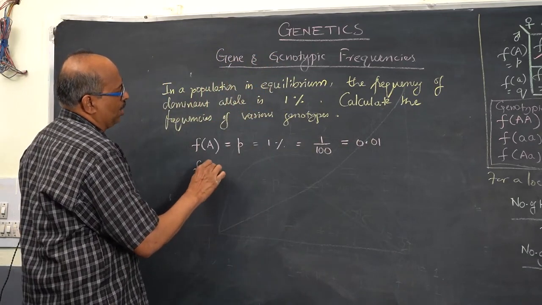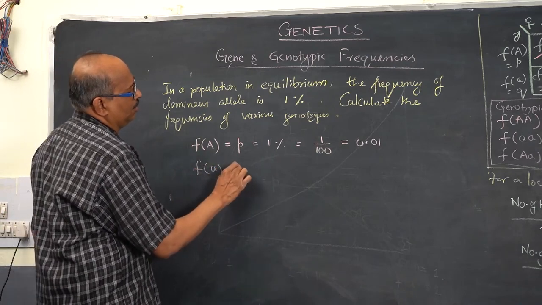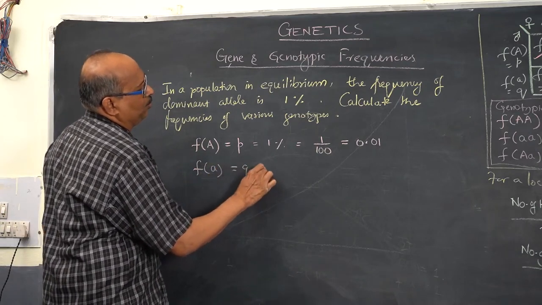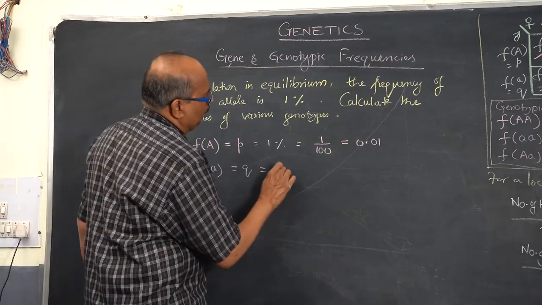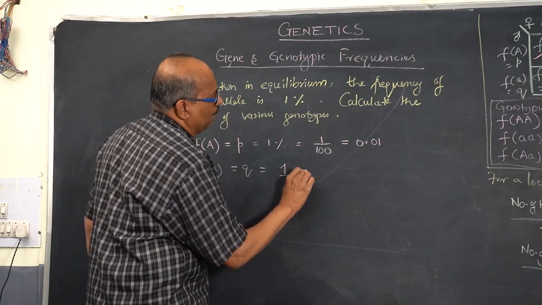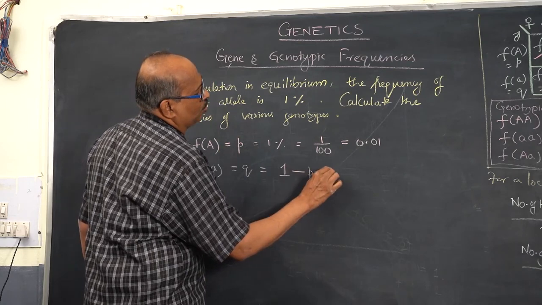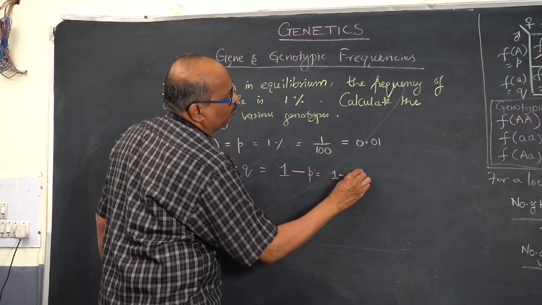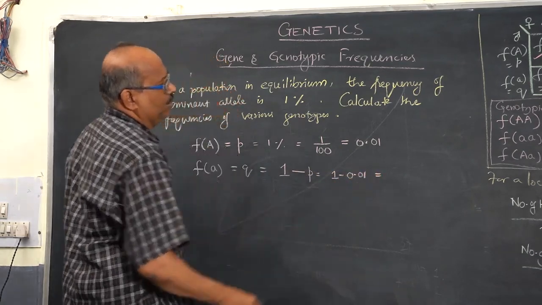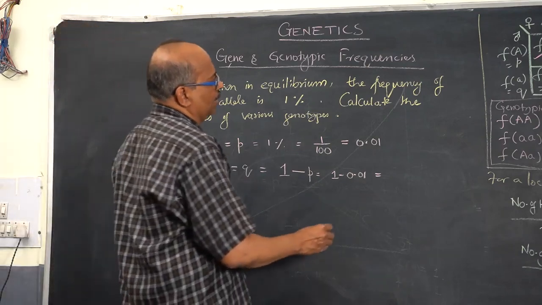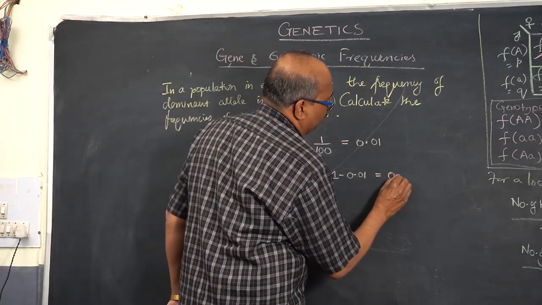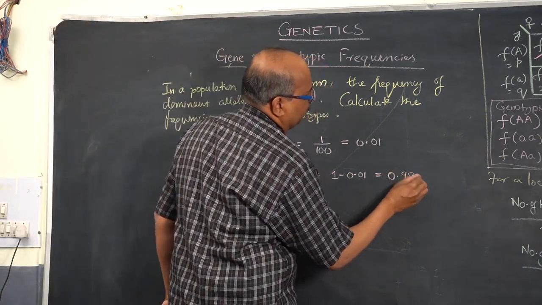Then the frequency of recessive allele will be Q, and that will be 1 minus P. So 1 minus 0.01, that means it is 0.99.